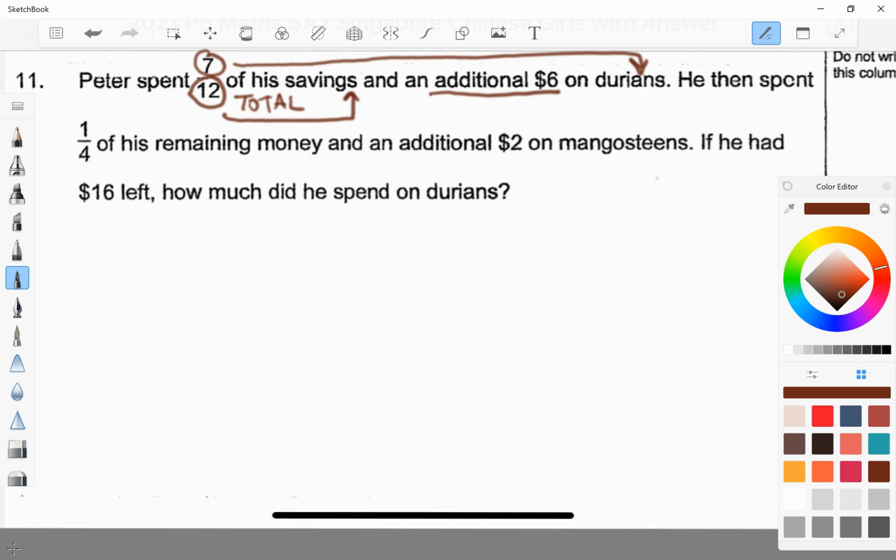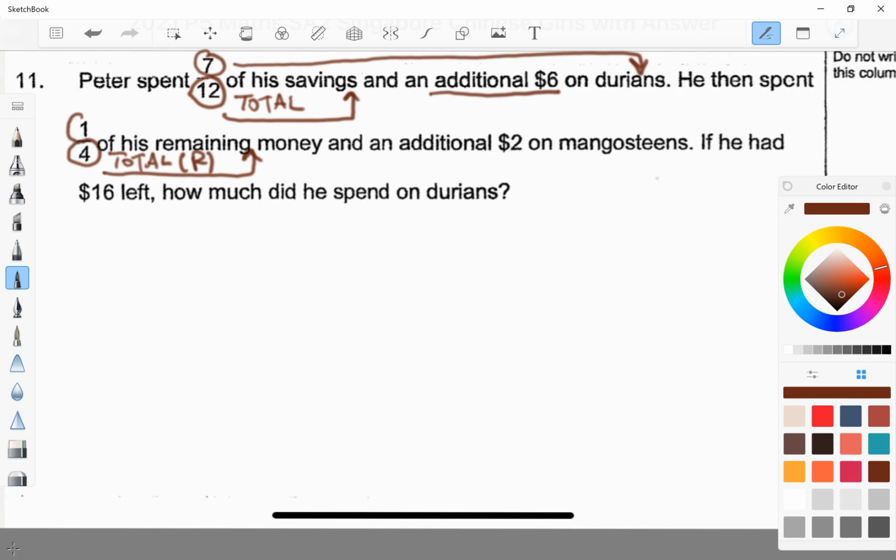And he then spent 1/4 of his remaining money and an additional $2 on mangosteens. So for the 4, I will circle it, I'll point it forward to remaining, and I'll indicate total with a bracket R to show that the 4 over there is referring to 4 parts from the remainder.